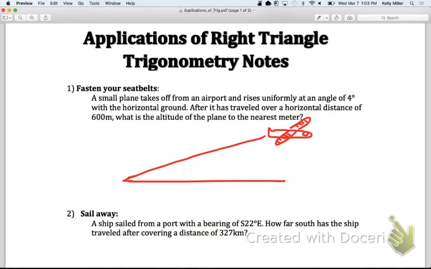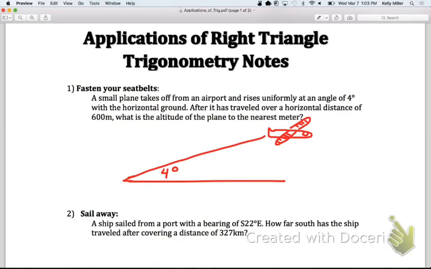All right. So a small plane takes off from an airport and rises uniformly at an angle of 4 degrees. Where am I going to put that 4 degrees? This little angle down here at the lower left, right? It says, after it has traveled over a horizontal distance of 600 meters, what is the altitude of the plane?